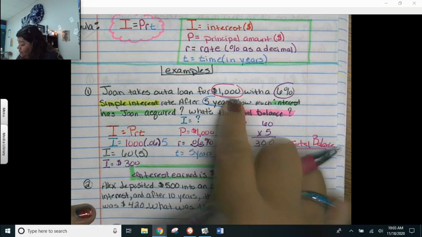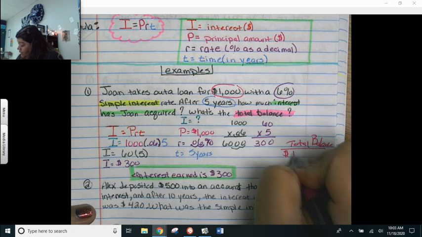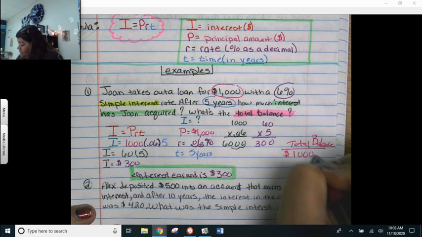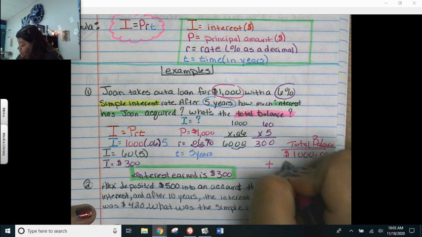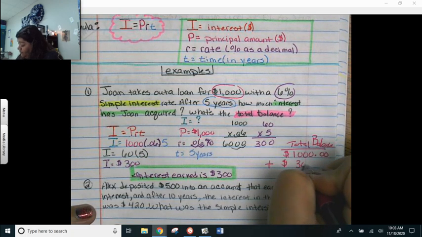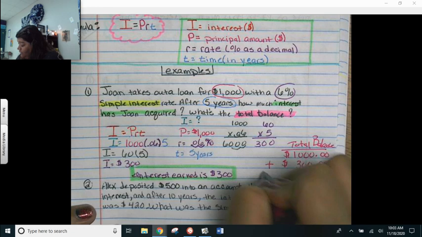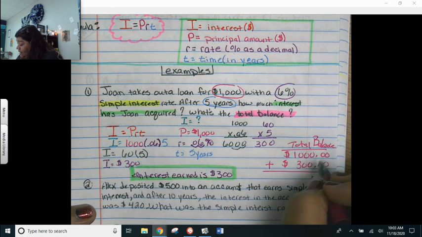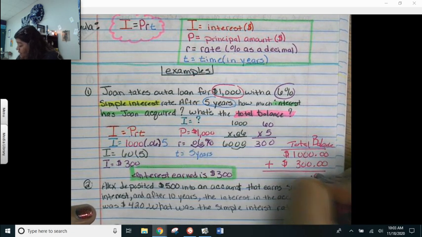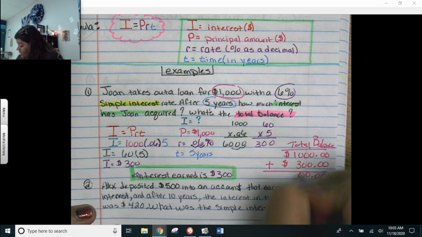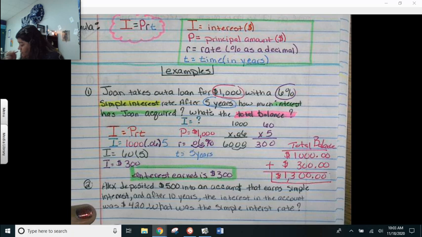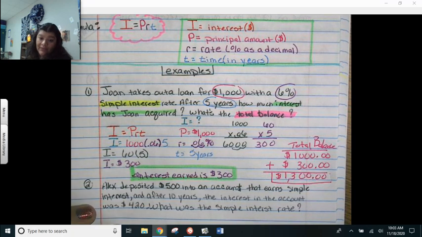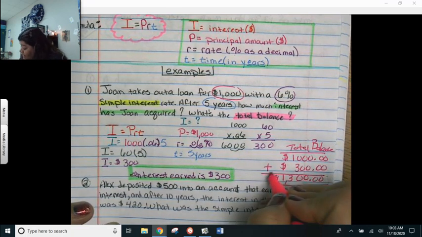We're going to take the principal amount, which is $1,000, and add the interest that we earned, that was acquired, really, which means at the end of 5 years, our Joan has to pay back $1,300. Okay? That's how the interest works. That's how they get you.